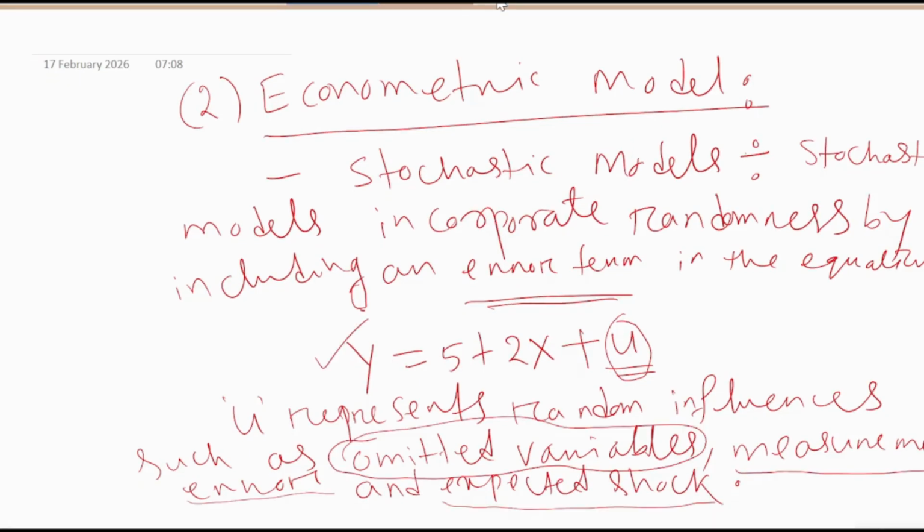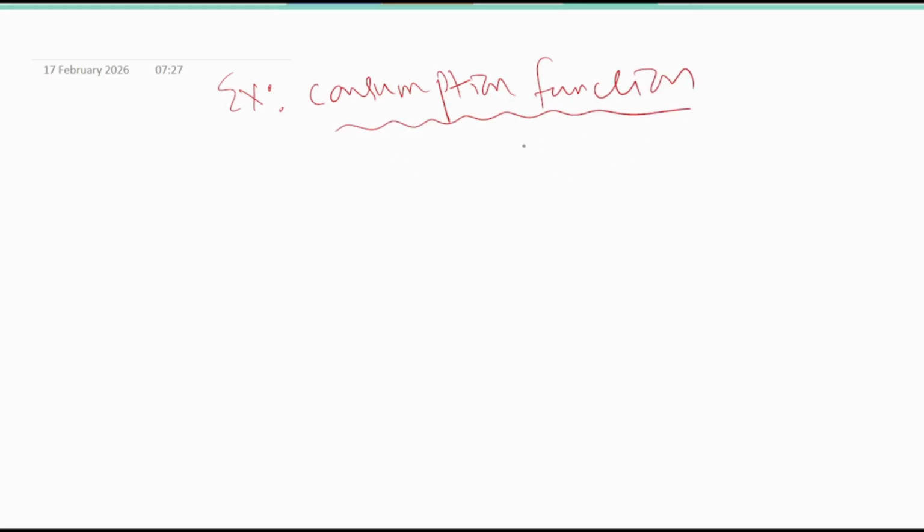Okay. Now we'll try to understand this with an example, and the example here will take as the consumption function. By taking the example of the consumption function, we'll try to understand how to create a mathematical model and how to create the econometric model.